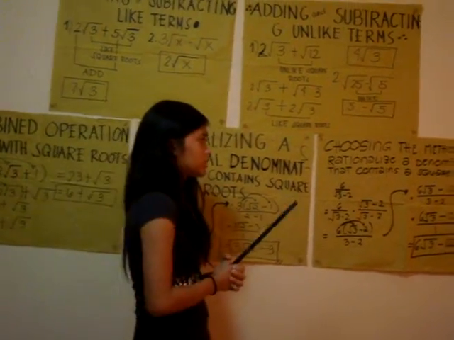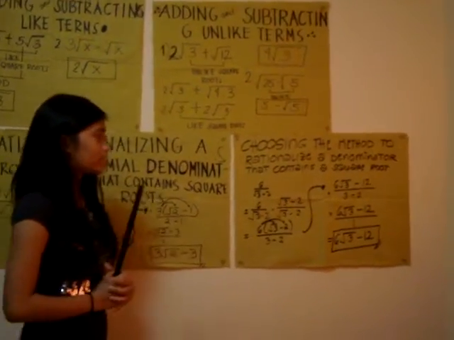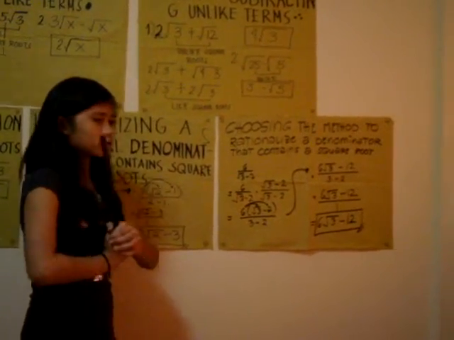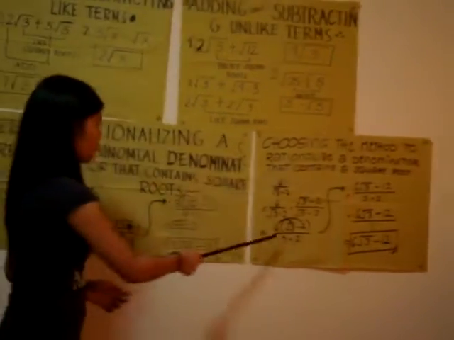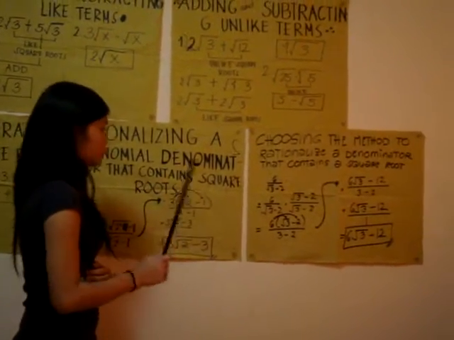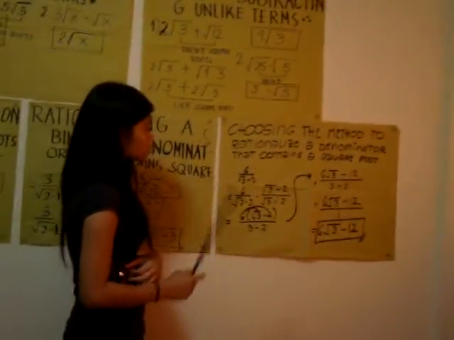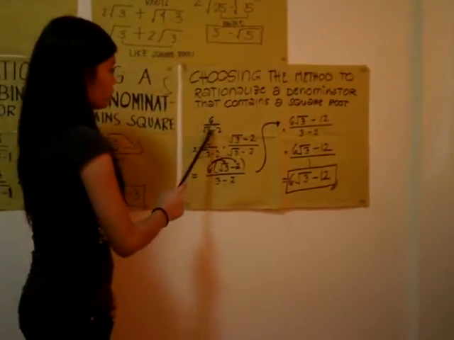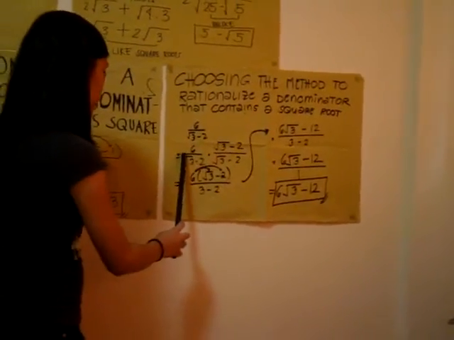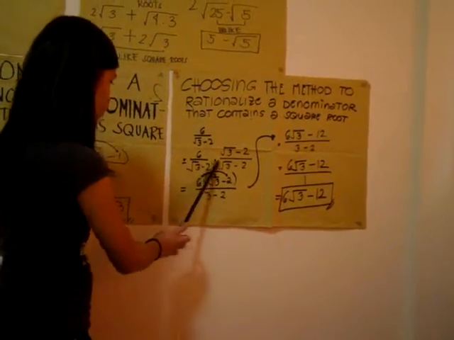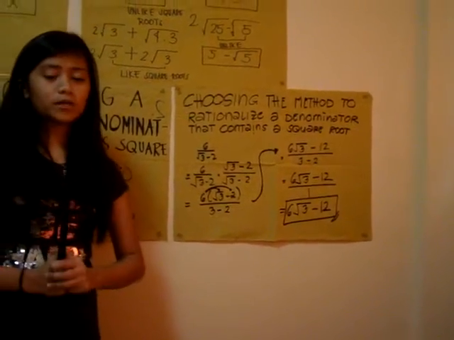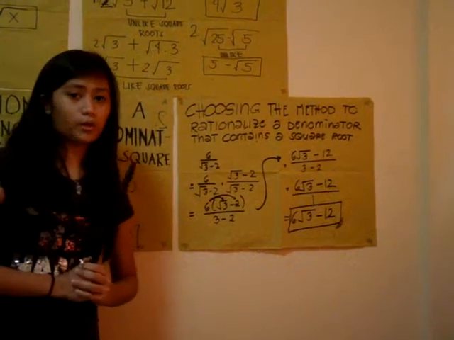Now let us proceed in choosing the method to rationalize a denominator that contains a square root. It's still the same with rationalizing a binomial denominator. So we have the given 6 over square root of 3 minus 2. So 6 over square root of 3 minus 2 cannot be divided since it is not a rational number.